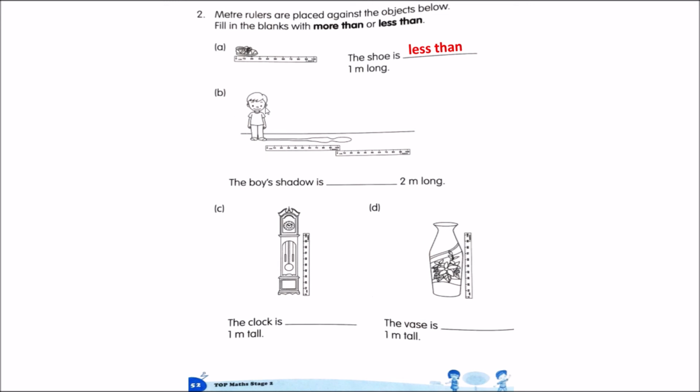How about this boy's shadow? Do you remember what's a shadow from our science lesson? Is the boy's shadow more than 2 meters long? Here are 2 meters. Is it more than or less than 2 meters long?